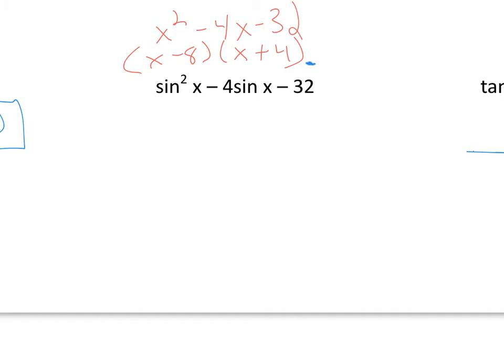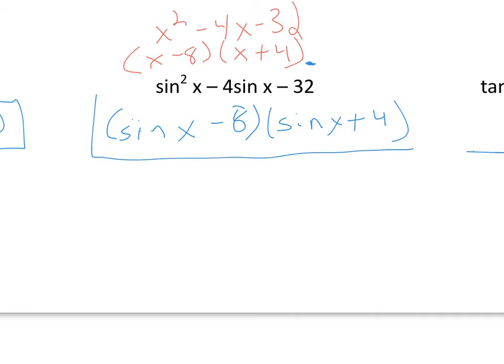So this other expression with the trig functions is going to work the same way, except you are going to use sines instead of x's as the variable. So sine x minus 8 and sine of x plus 4, and that's how that factors. So if you see this sort of quadratic structure, think about all the possible patterns that you know from doing quadratics.